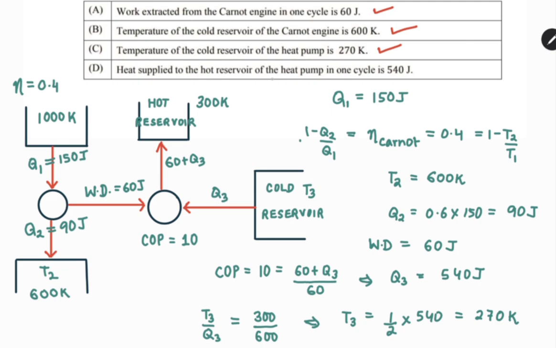And heat supplied to the hot reservoir of the heat pump in one cycle is 540 joule. Heat supplied to the hot reservoir of the heat pump in one cycle is 540 plus 60, that is 600 joule, and heat extracted from the cold reservoir is 540 joule, so this part is incorrect.